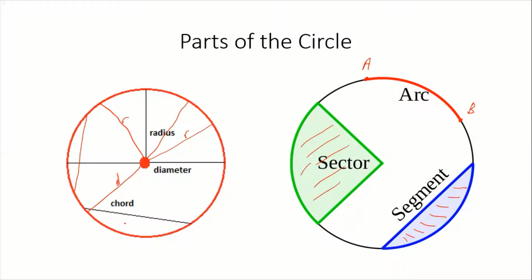So for example, if we were highlighting the segment in this circle, it would be this area here between the chord and the circumference of the circle. Now it is very important to bear these different parts of the circle in mind to fully understand the different rules of circular theorem.